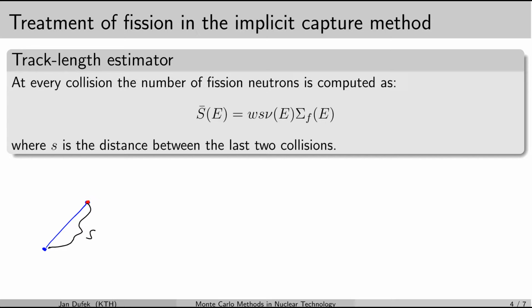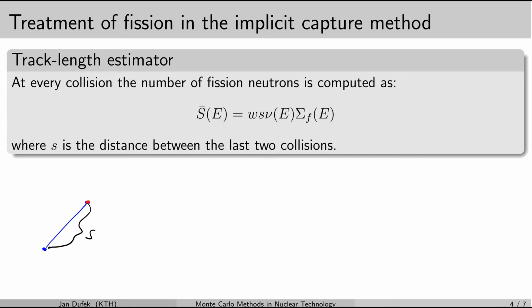this number S here. Now, the macroscopic cross-section for fission actually has a very nice meaning in non-analog simulation. It gives the expected number of fission reactions per unit of distance.